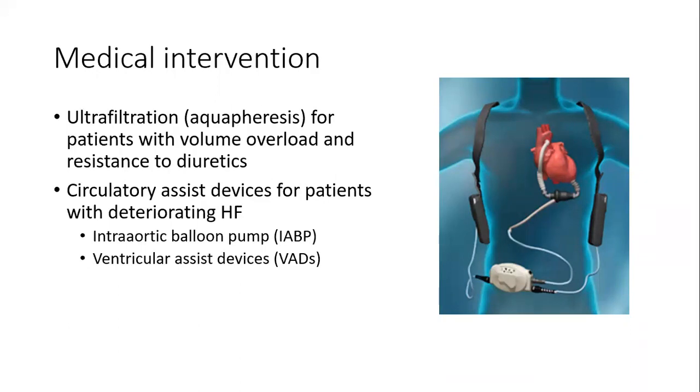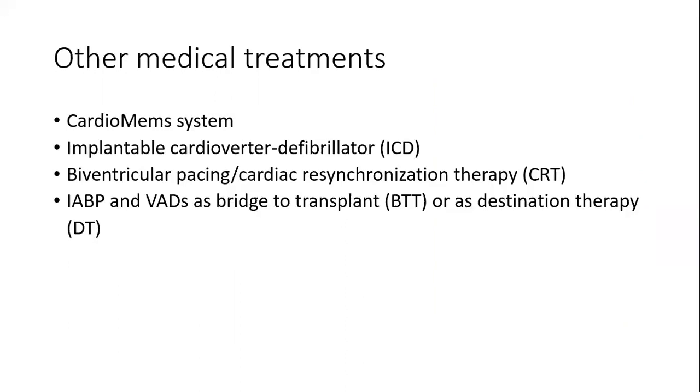That's what this is here, a circulatory assist device for patients with deteriorating heart failure. And there's an intra-aortic balloon pump that helps boost cardiac output, and ventricular assist devices also can be helpful. So other medical treatments include the CardioMEMS system, an implanted cardioverter defibrillator, that's pretty common.